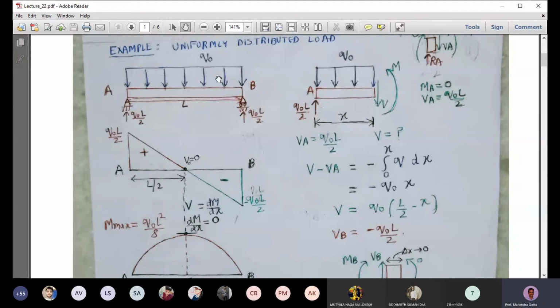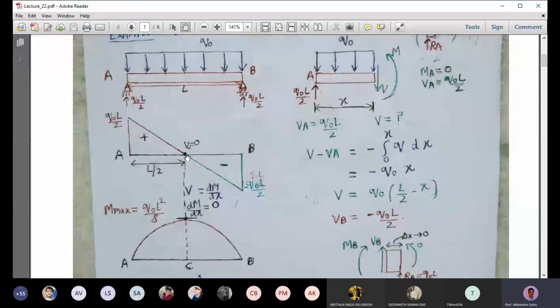Here the applied distributed load is constant and positive, so minus Q naught will be negative. So from point A to point B, there will be a uniform decrease in the shear. The rate of decrease is uniform. So we can join plus Q naught L by 2 and minus Q naught L by 2 with a straight line, and the straight line will intersect at the center C.